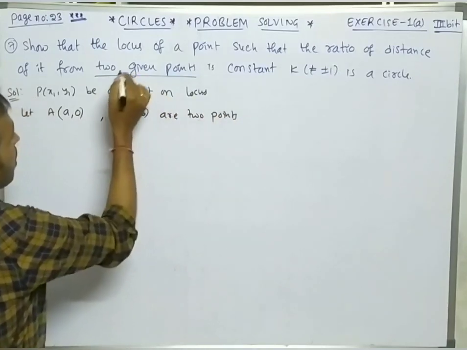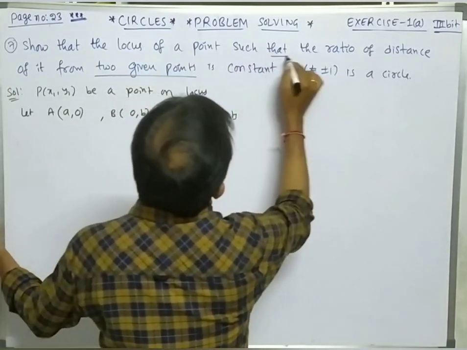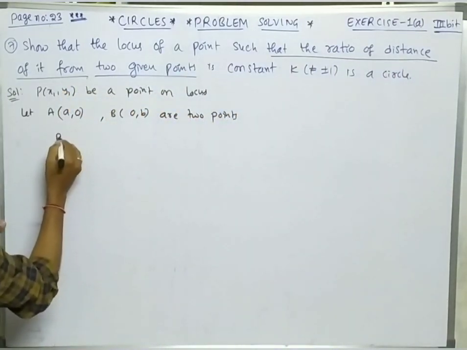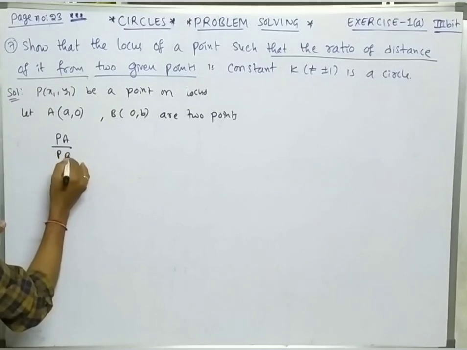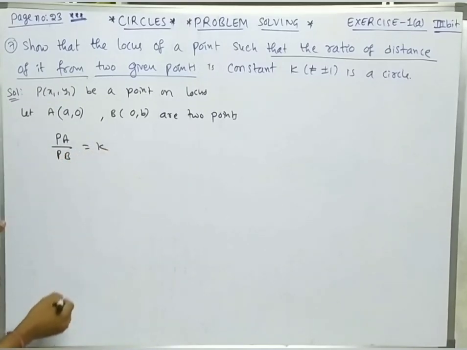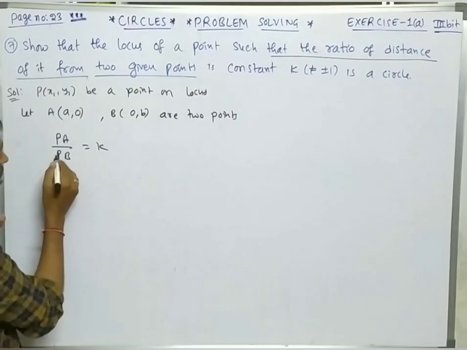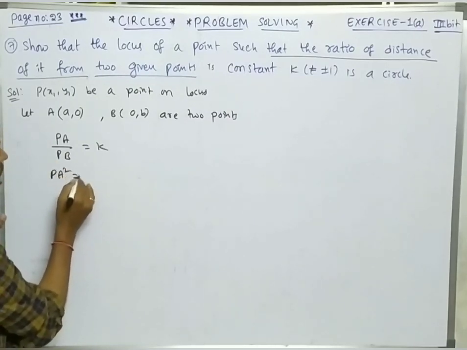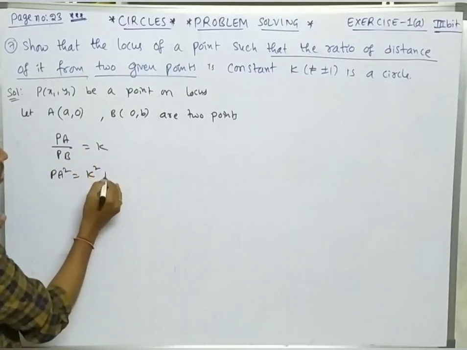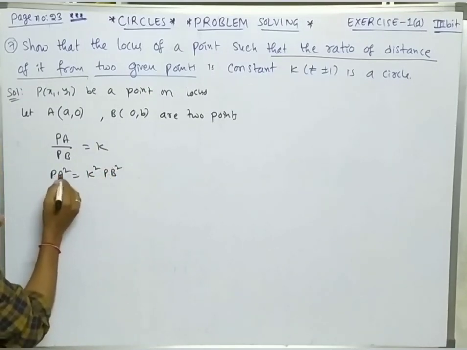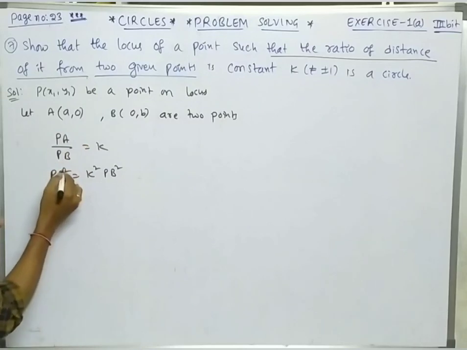What is the given condition? The ratio of the distances, that means PA by PB is equal to k. That is the condition. The condition is very, very important. Now squaring on both sides, PA square is equal to k square PB square. By the distance formula, squaring cancels the square root.